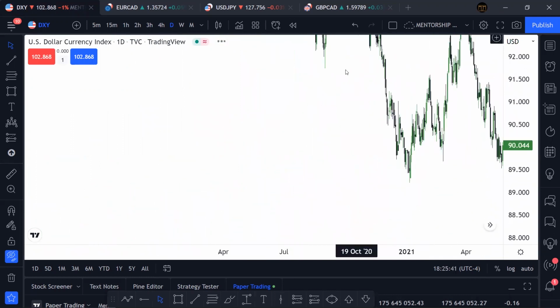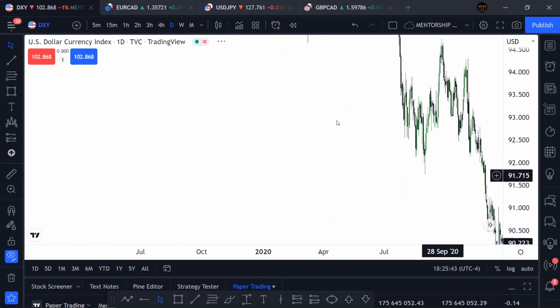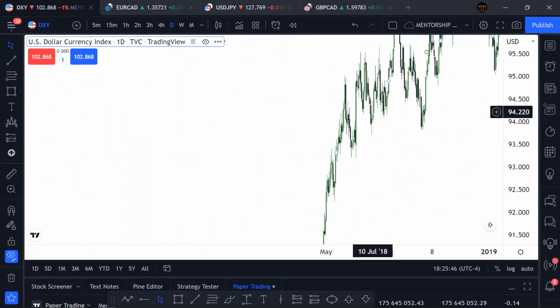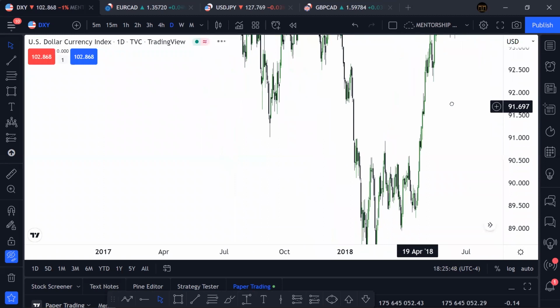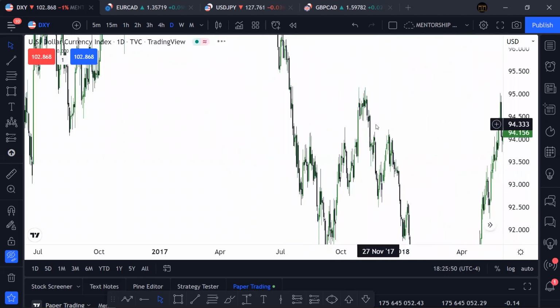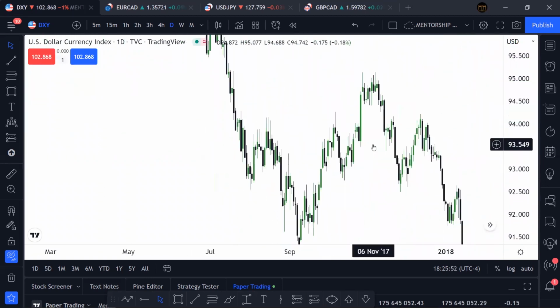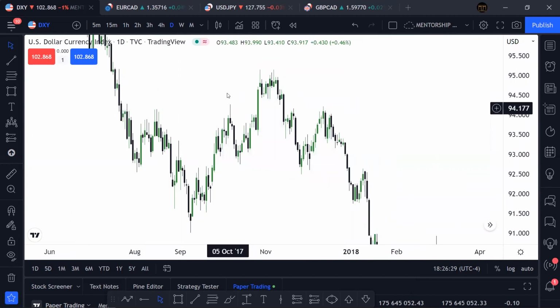Okay, we go back to 2017. Right here. So most folks are looking at the head and shoulder here. Let me show you what retail traders are looking at.